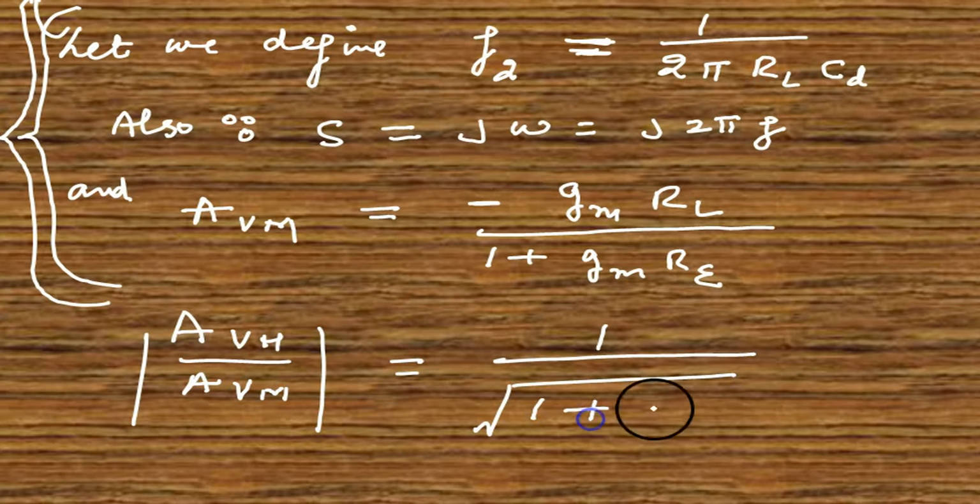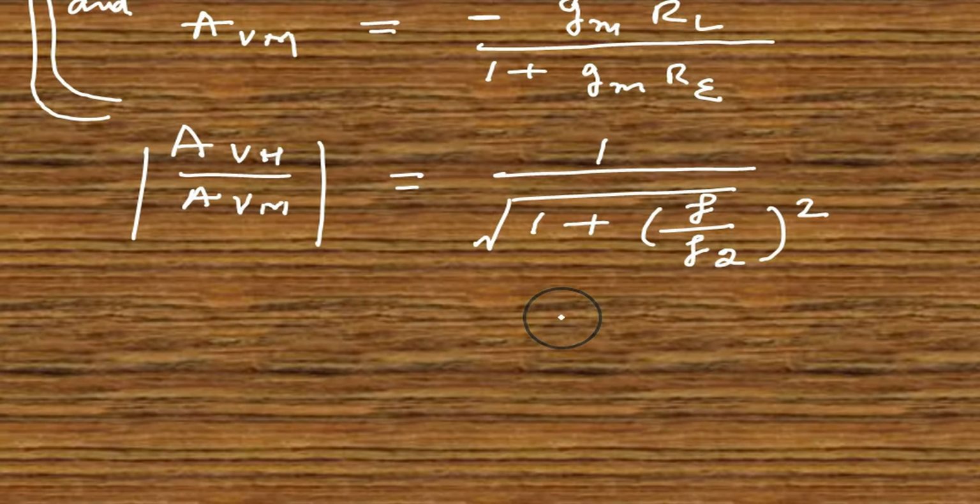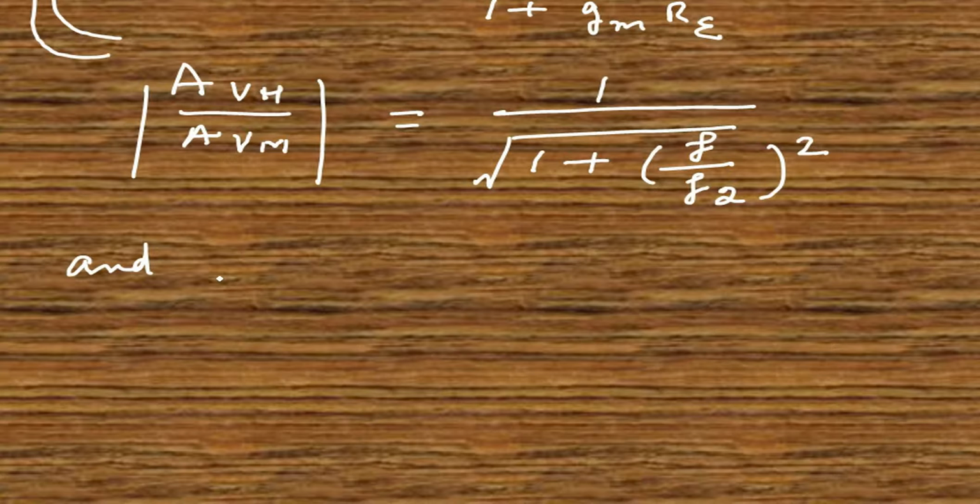Then the ratio of the voltage gain at high frequency to the voltage gain at mid frequency, in magnitude, equals 1 upon the square root of 1 plus f upon f2 whole square.